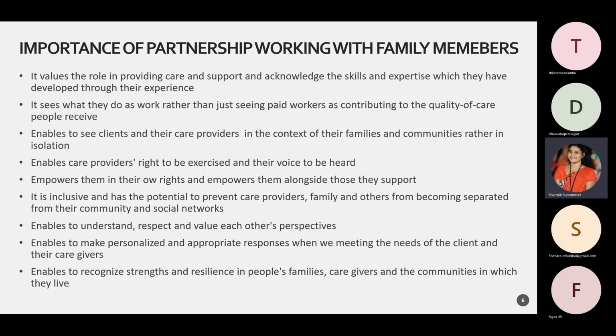In that manner, first you need to analyze whether the particular healthcare provider has the ability to provide that care to the patient, right? Because otherwise there is no point in training them. So before you start the training, you need to analyze that person. So how can you analyze?